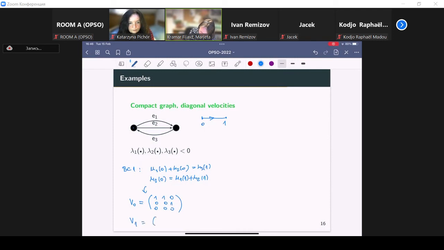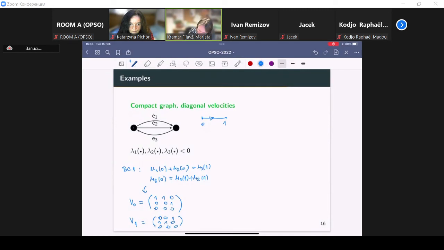On the other hand, if I want to get this equation, if I evaluate this in 0, I should get here U3 in 1. So it would be 0, 0, 1. Here I would have 1, 1, 0, and here again 0.